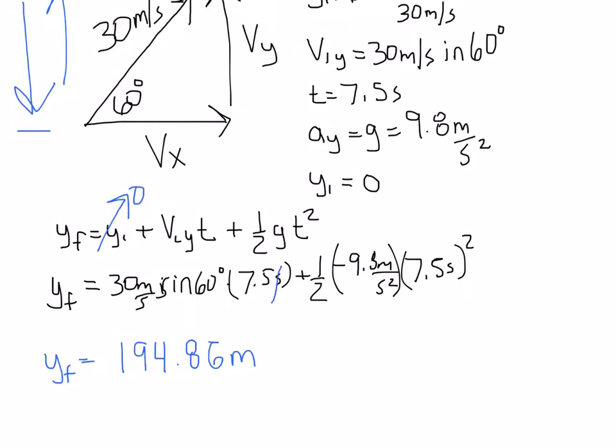Notice that the seconds here and the seconds there cancel out. Also, the squared seconds and the squared seconds here cancel out. And this entire thing over here comes down to a minus 275.63 meters.